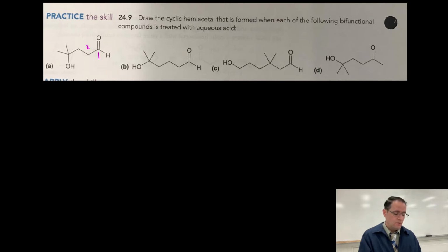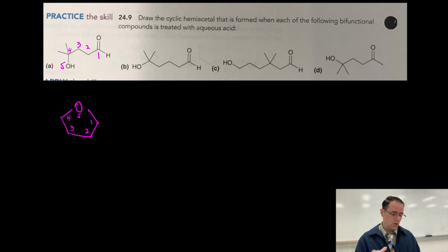So I'm going to do 1, 2, 3, 4, and then my oxygen is the 5th atom. I'm going to draw a nice 5-membered ring where the oxygen is the 5th atom in this ring, and then use this as a template and number things. So 1, 2, 3, 4, and I'll number the oxygen atom 5, okay?